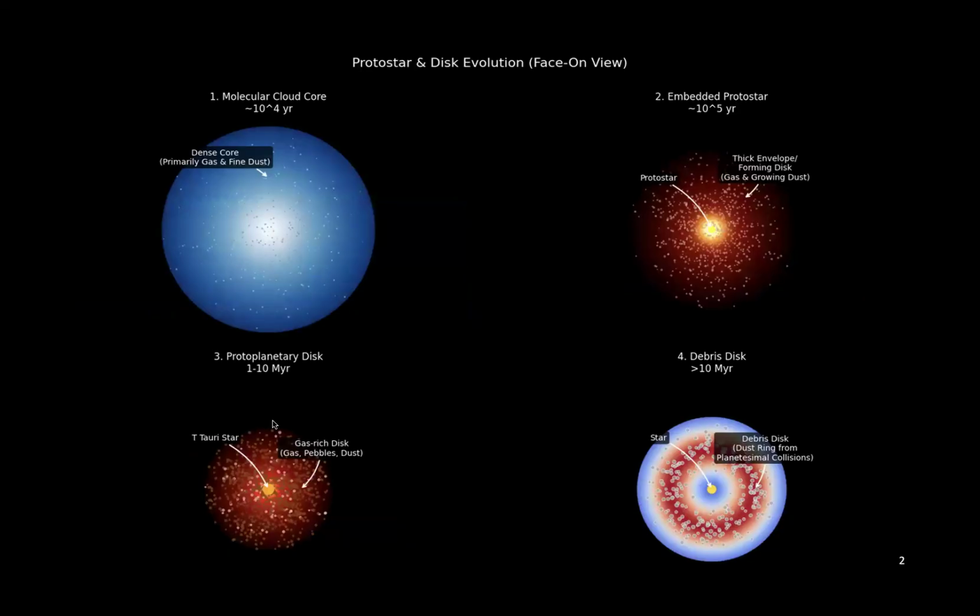And then we are targeting a system that has a protoplanetary disk. We call the star in the center a T Tauri star, for the sun-like star in early stage.